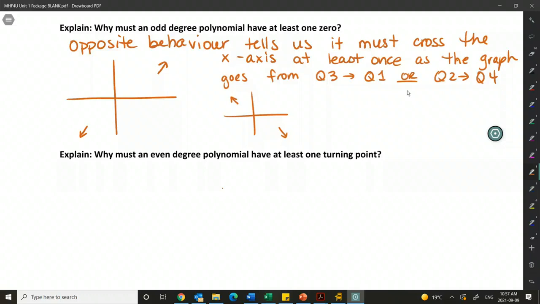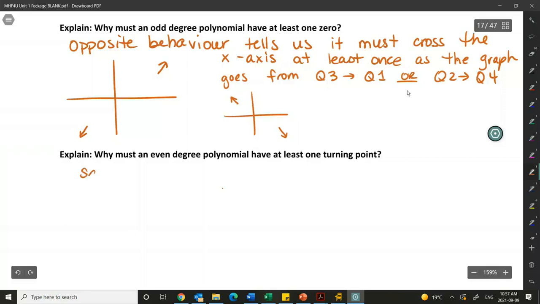So if I start facing up and my end finishes facing up, it must have turned somewhere in there for that to happen, or vice versa. If I start facing down and I end facing down, something must have happened in there where my graph curved for that to happen.